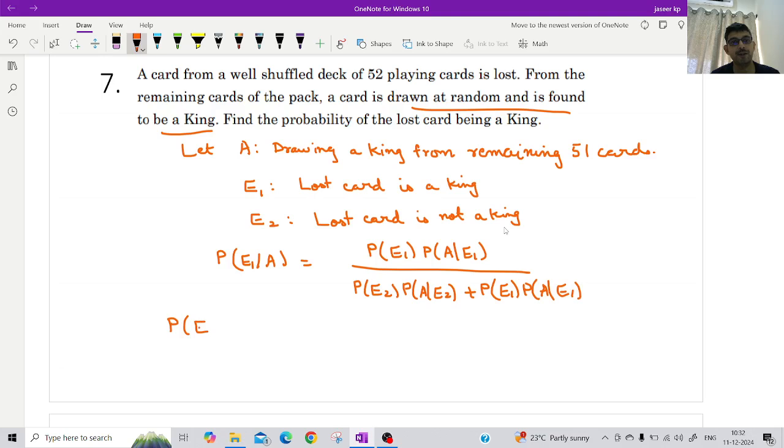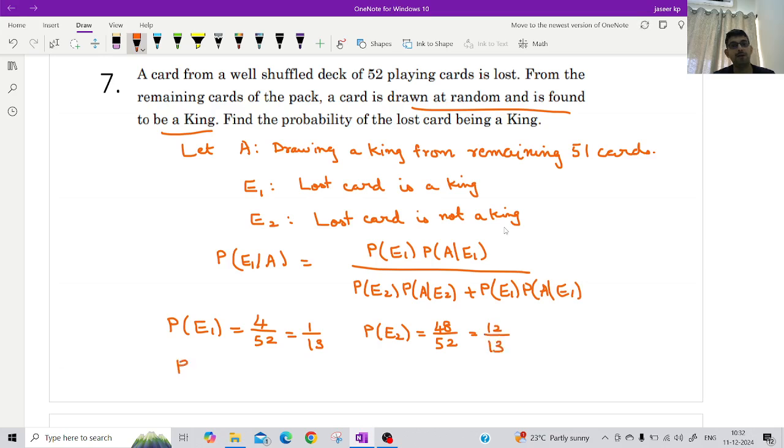P of E1 means the lost card is a king, just like selecting a king card out of the total. So 4 by 52, that is 1 by 13. P of E2, lost card is not a king. So there are 48 non-king cards. So 48 by 52, that is 12 by 13.